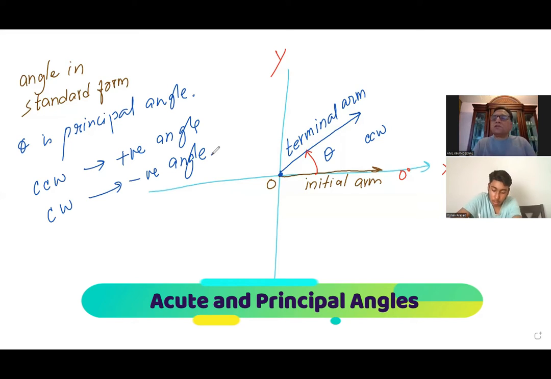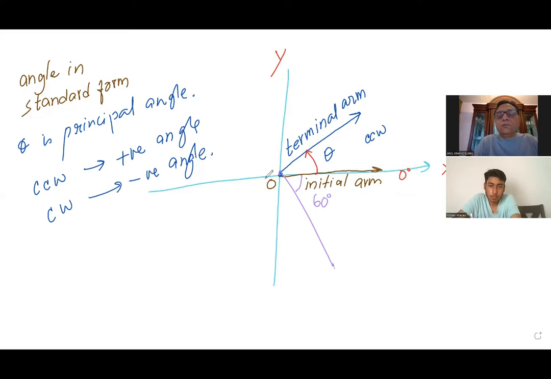Perfect. So angle is measured from the initial arm as it opens counterclockwise, and that is treated as the positive principal angle. Okay, so based on this, let me ask you a few questions. Let us say we have this particular terminal arm here, right? And this angle given to you is, let us say, 60 degrees. Can you tell me what is the principal angle? The principal angle would be negative 60 degrees because it's going clockwise, so it's going below.